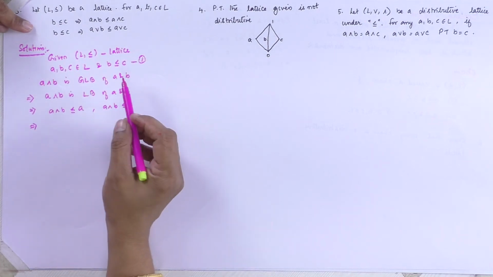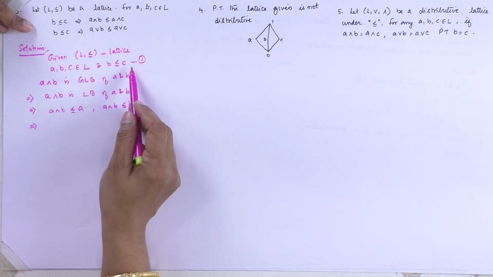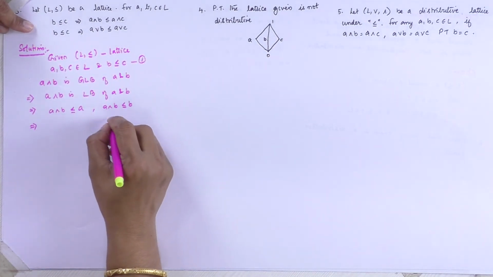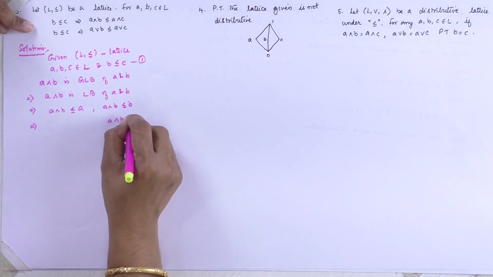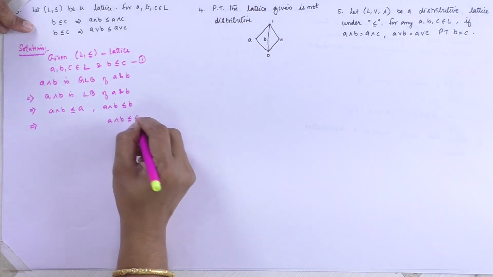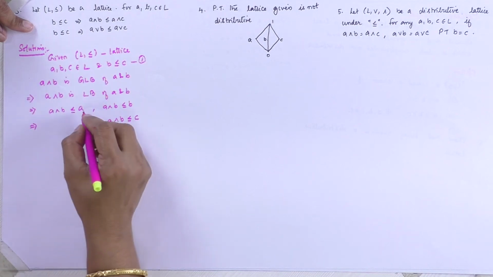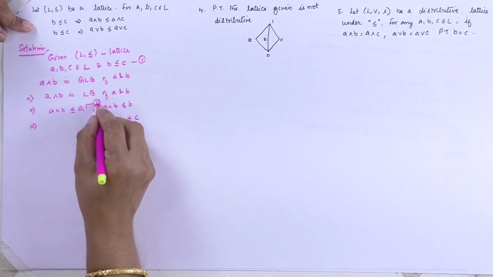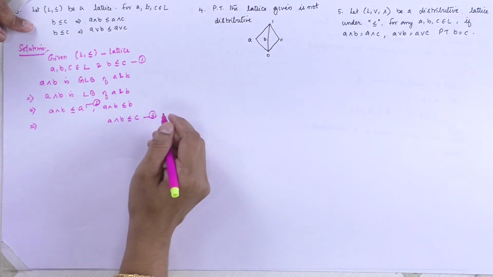And now what is given? B is less than or equal to C is given. So using that, I can write this to be as A and B is less than or equal to C, right? See, I have this to be as 2, this to be as 3, right?